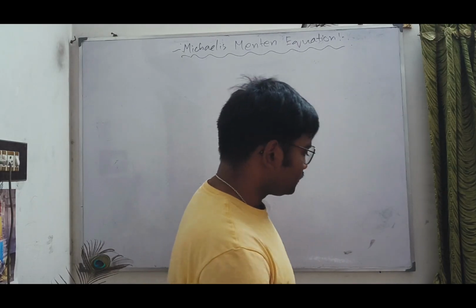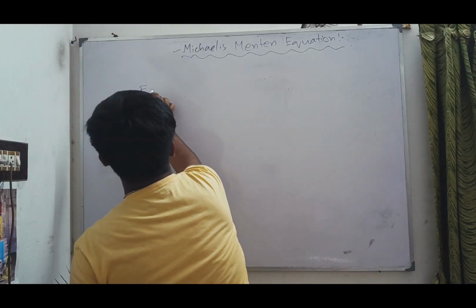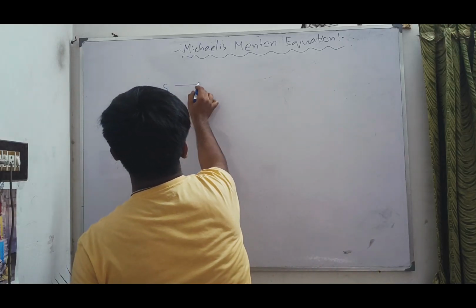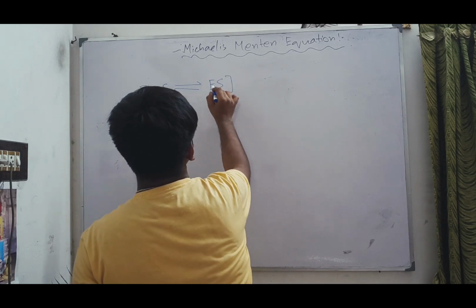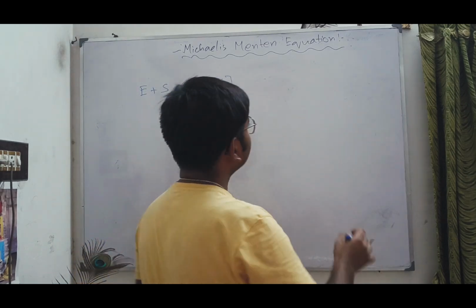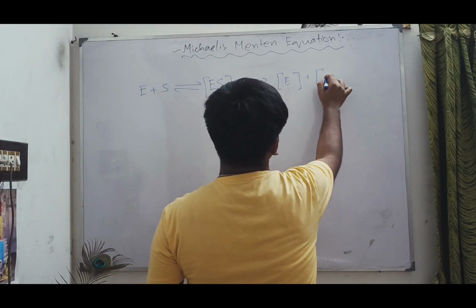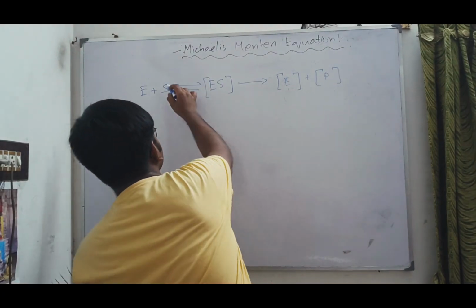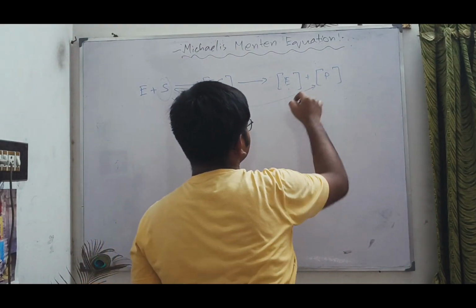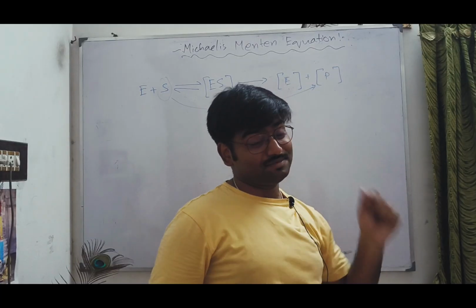So our equation is like E plus S, a reversible sign, equals ES, that is enzyme substrate complex, and again it is converted into enzyme plus product. So the substrate has been converted into product, but the enzyme remains unchanged. This is the basic thing of enzymes.